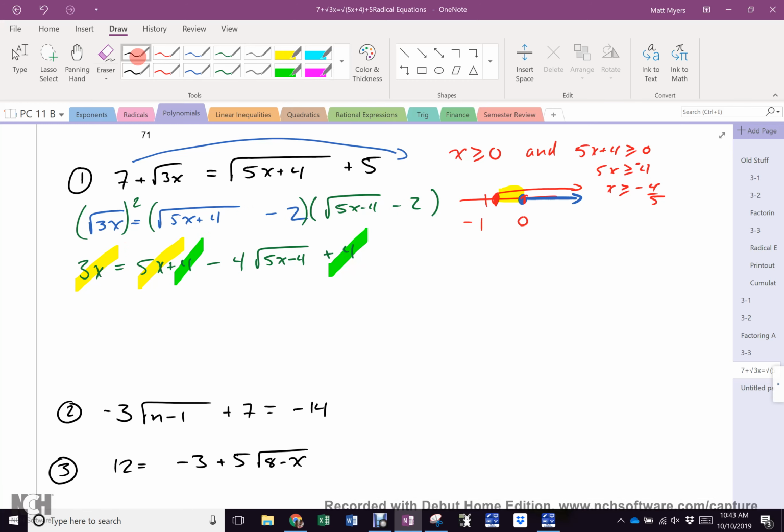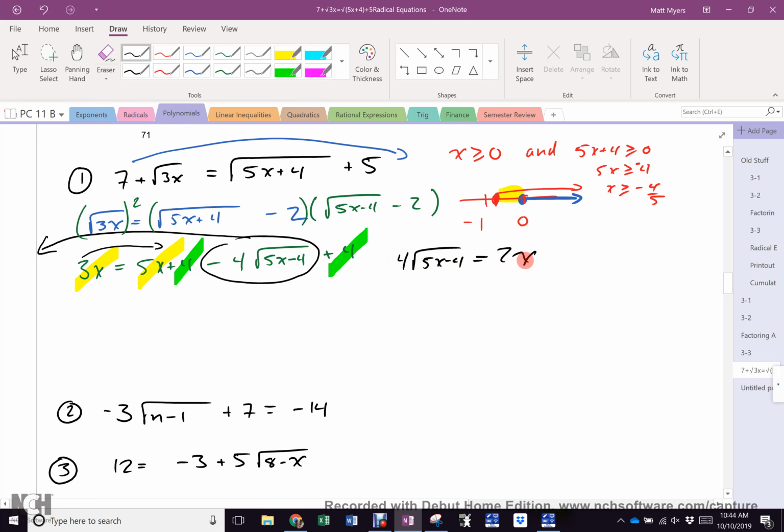And we get, I would bring this 3 this way and take this way. Why? To get rid of that negative. Because negatives screw me up. Well, they don't screw me up, but they screw you guys up all the time. So, this becomes 4 root 5x minus 4 equals 2x plus 8. Yeah? Now you have a choice. Do you want to divide this 4?